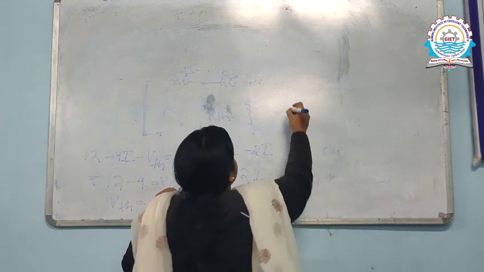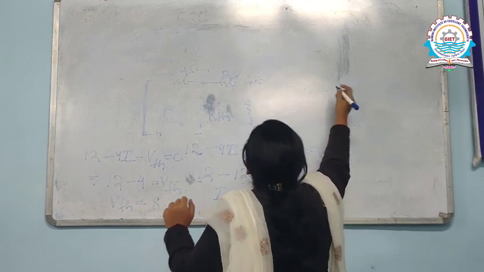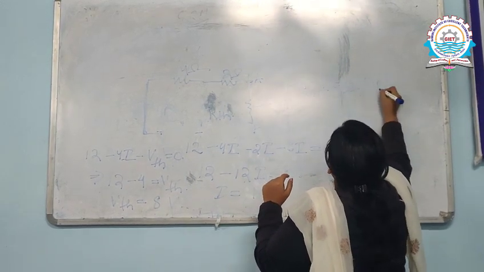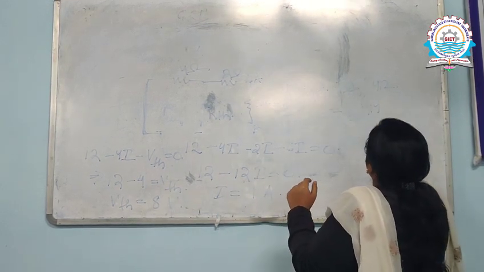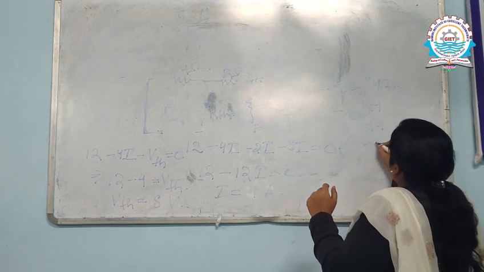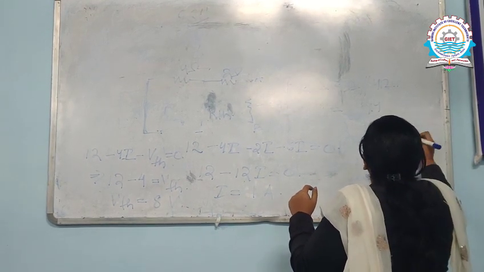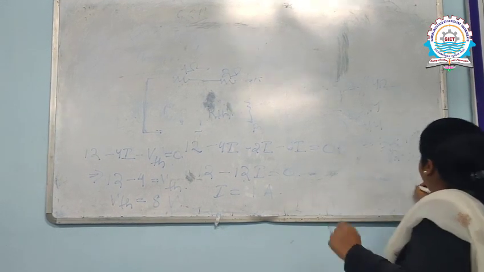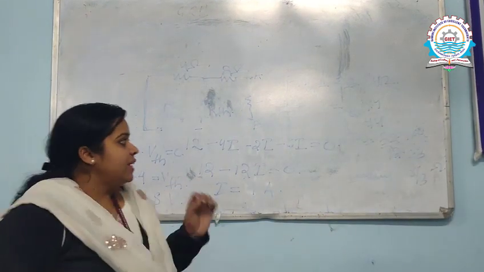So RTH is 2 plus 6, 8 ohm, in parallel with 4 ohm. That is 8 into 4 divided by 8 plus 4, 32 by 12, that is 8 by 3 ohm. So I got VTH and RTH.